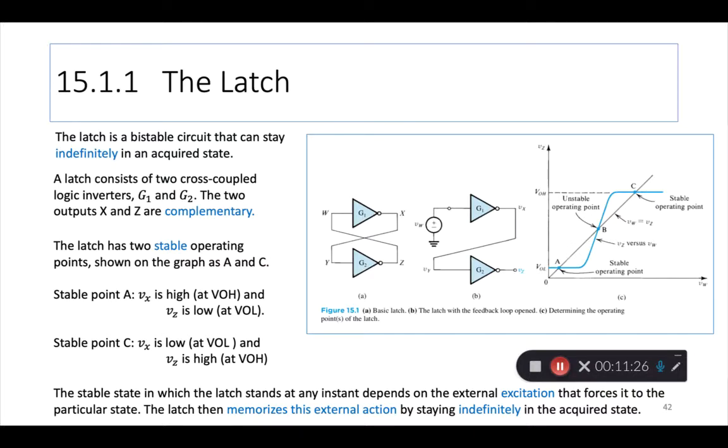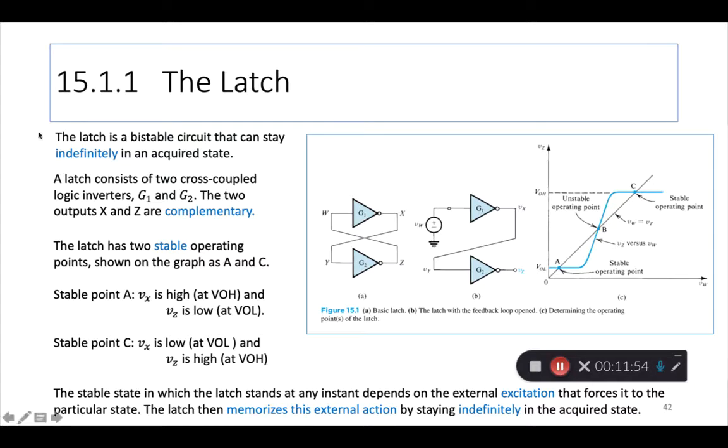So right now we are talking about the first of these two, which is the static sequential circuit. And so a latch is one such example of a bistable static sequential memory circuit.